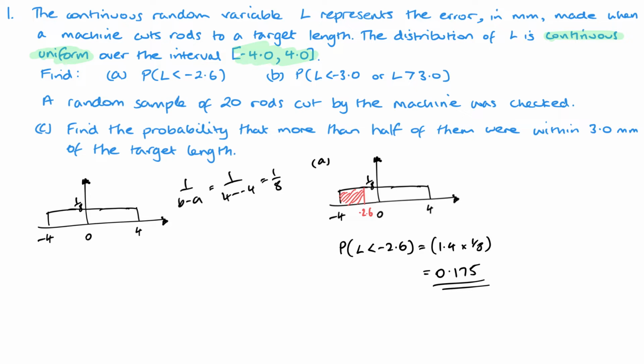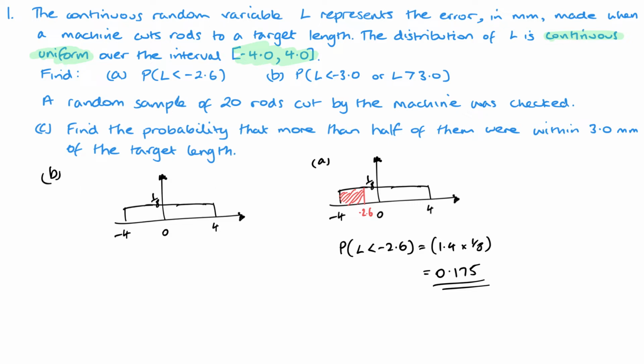Exactly. Now we want to look at part B. I'm just going to make a bit of room. If we're looking at part B, we want less than -3, so that would be looking at -3 and the area less than that. And we also want greater than +3.